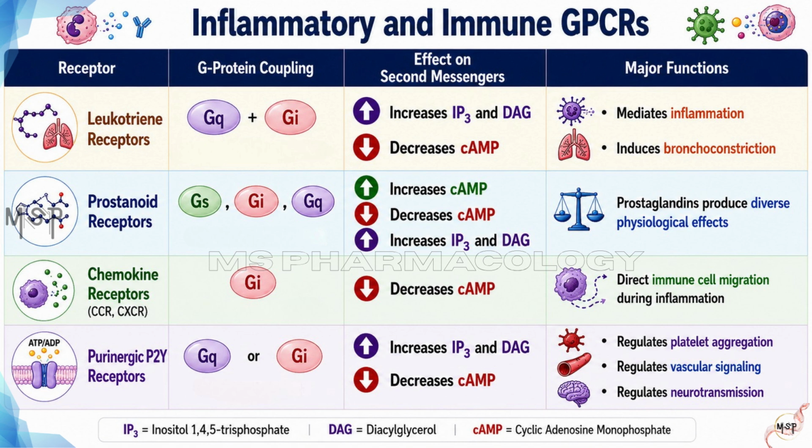Chemokine receptors, such as the CC chemokine receptors and CXC chemokine receptors, are predominantly GI-coupled, directing immune cell migration during inflammation. Likewise, purinergic P2Y receptors couple to either GQ or GI proteins, regulating platelet aggregation, vascular signaling, and neurotransmission.